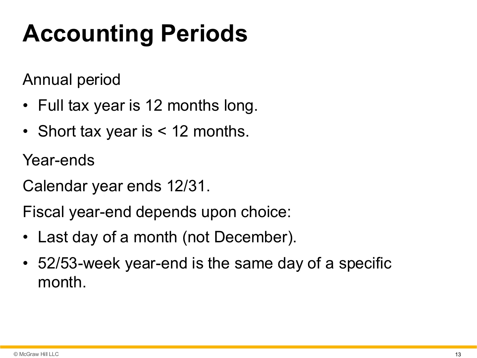So if they have a calendar year end, that means their tax year ends on 12/31. Or they could have a fiscal year end depending on what they decided to choose. So if they had a fiscal year end, that would mean that their year end falls on the last day of a month that is not December.